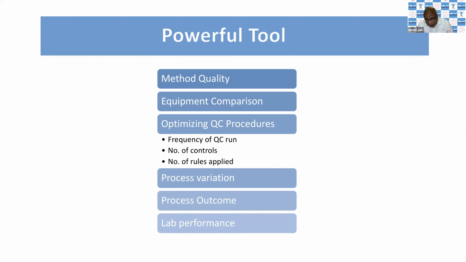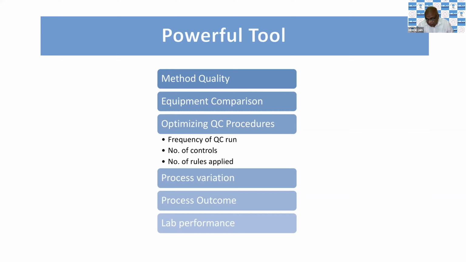Or if we have to optimize our QC procedures, every time people ask how many controls are to be run, how frequently these shall be run, and what rules shall be applied. So we shall have some technology with which we can control all these things.